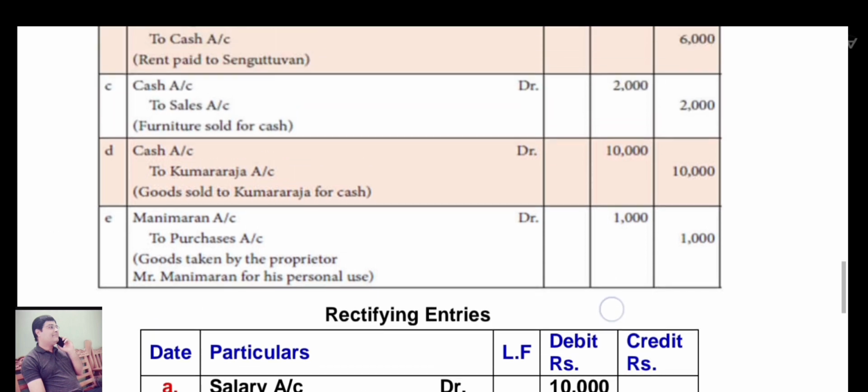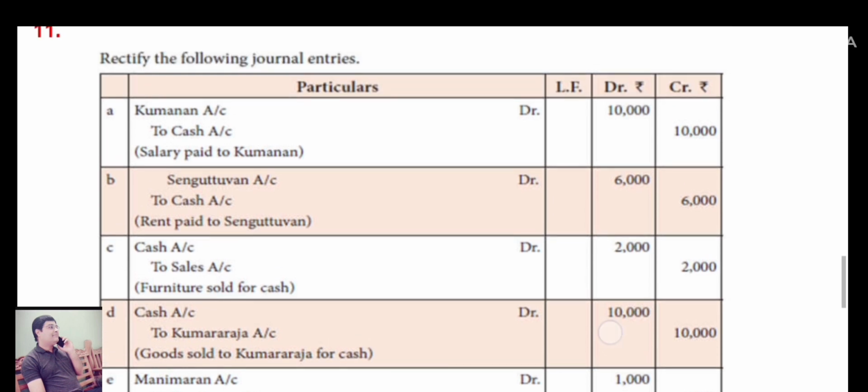Next one. Sengutuvan account debit to cash account, rent paid to Sengutuvan. Normally, rent paid, what is the correct entry? Rent account debit to cash account. But instead of rent, he has written Sengutuvan.